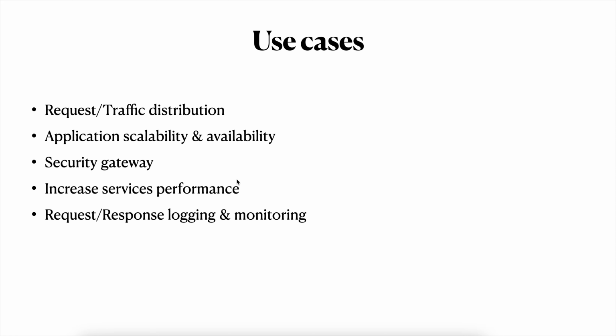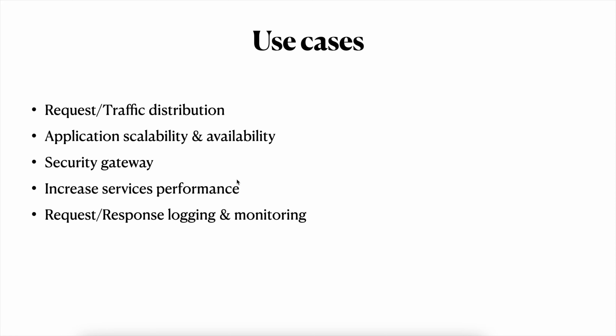We can distribute n number of requests across all the services. It's very useful when you want to scale the services up to hundreds or thousands of instances. It will distribute the request load across all the instances.